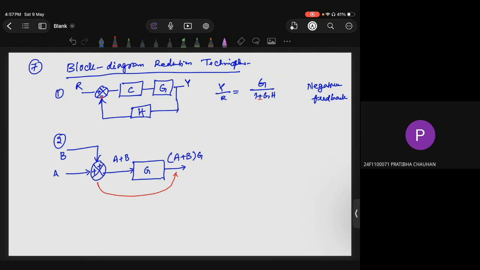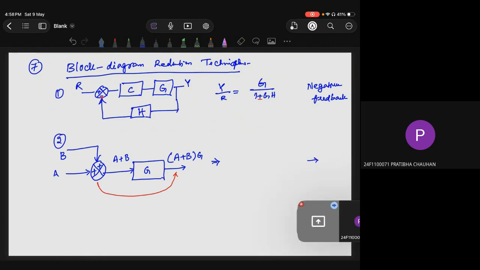So what is the change I need to do? What is the technique I need to use? The only thing we need to make sure is that after shifting this summing point, the overall transfer function, that means the overall response, should not change. If we make sure that it is not changing, then whatever you are doing is correct. Let me show you how to do that. First, let us start with the final expression.